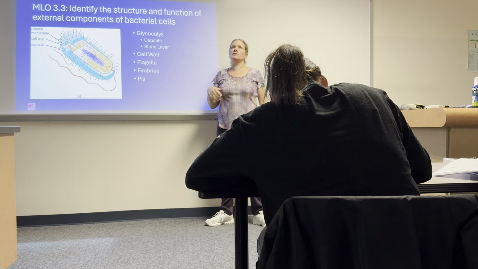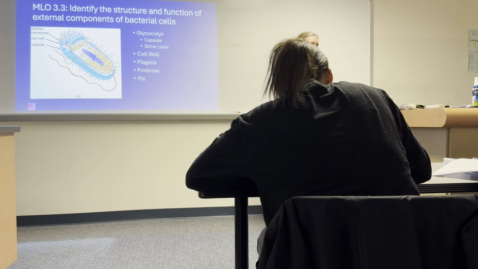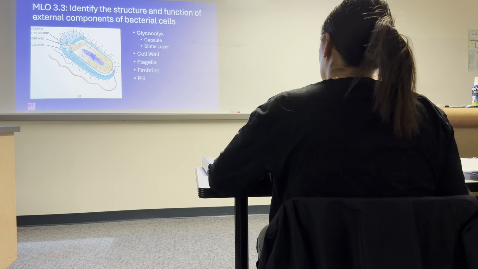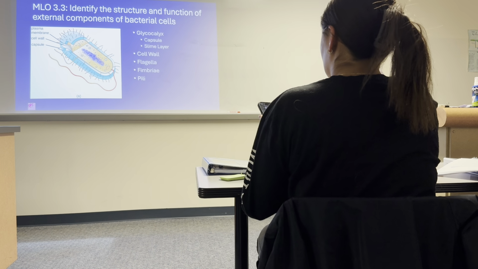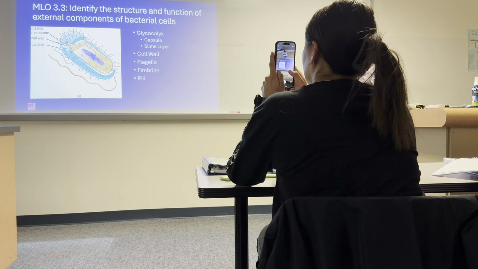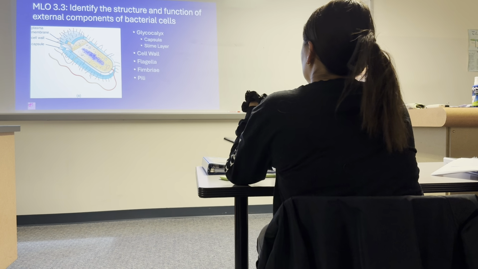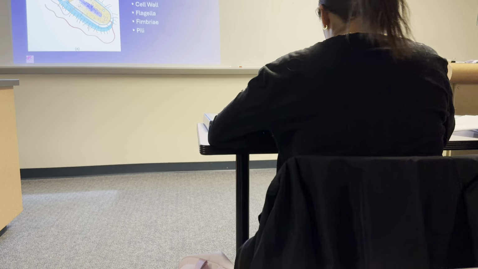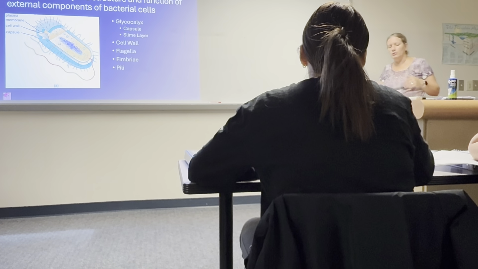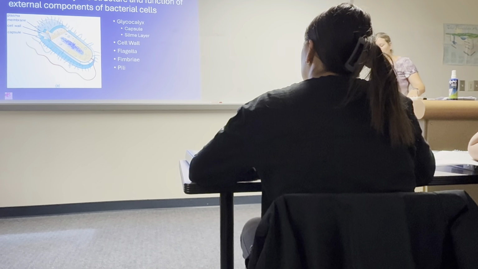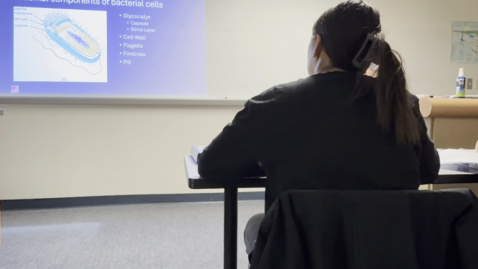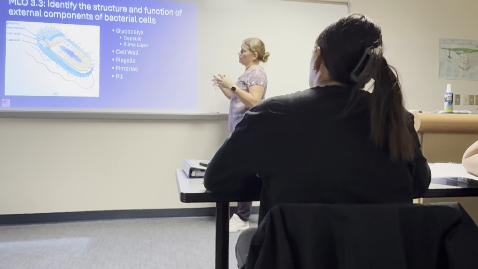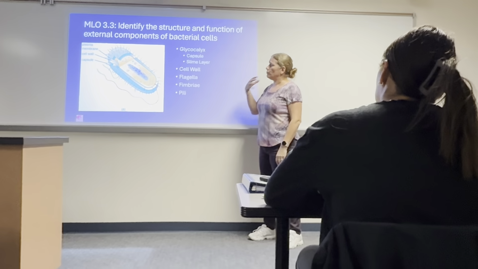A glycocalyx is similar to the extracellular matrix when you talk about, say, animal cells, okay? Maybe you don't recognize that term, maybe you do. It depends upon whether you've taken general biology recently or if you've recently taken A&P, right? So sometimes I try and pull the terms that you might recognize that might be familiar in the eukaryotic regards, so you have something to base your understanding on.